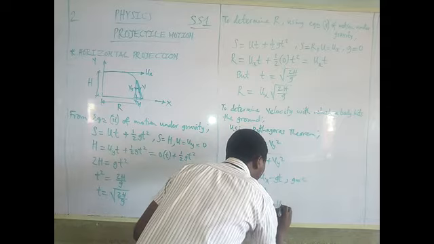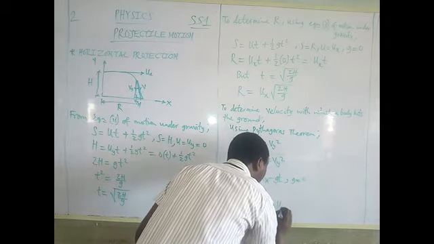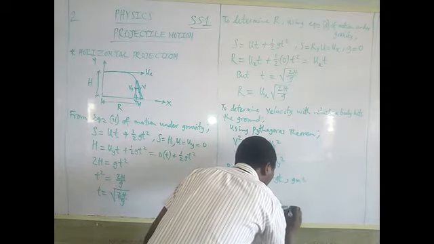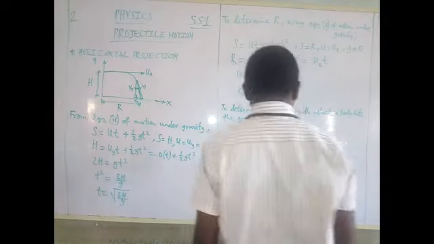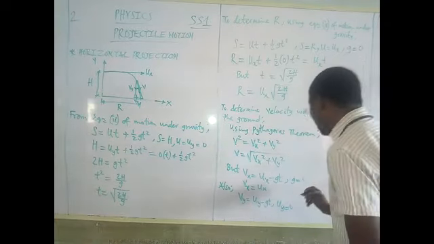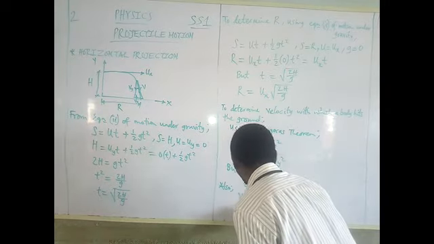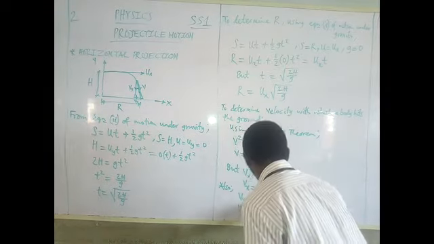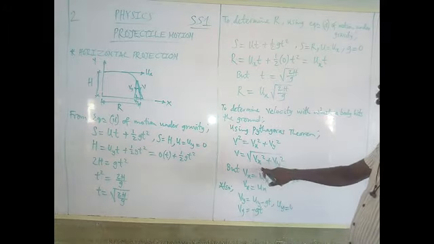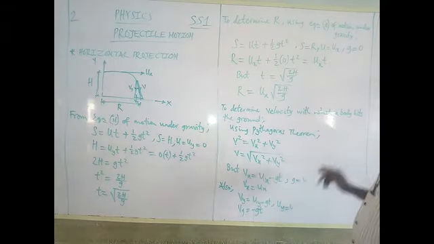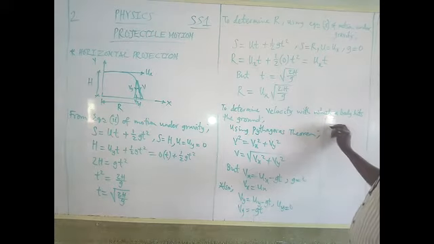I told us that the body is released with horizontal component of initial speed. Our Uy will be 0. The Uy here will be 0. And from there, you can see there that Vy automatically will now be what? Minus Gt.